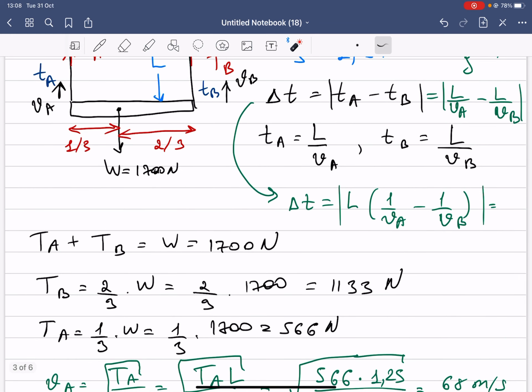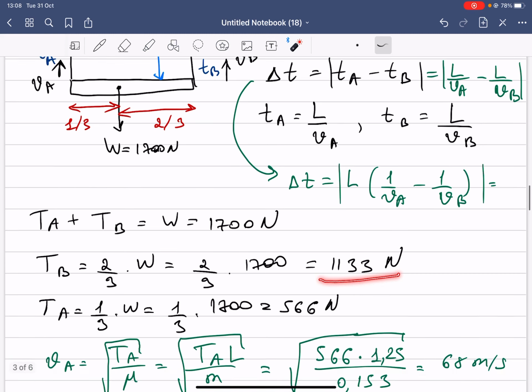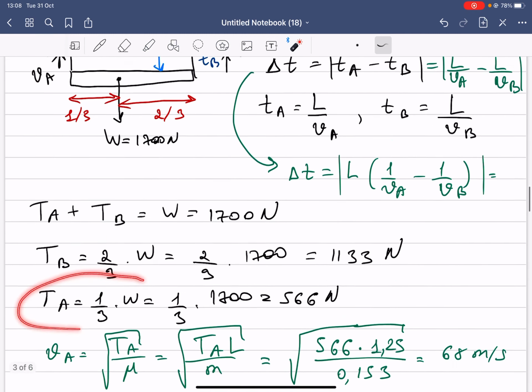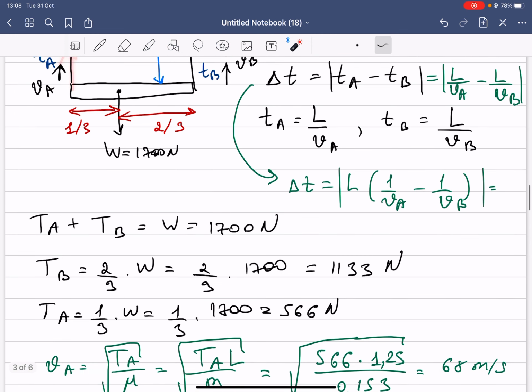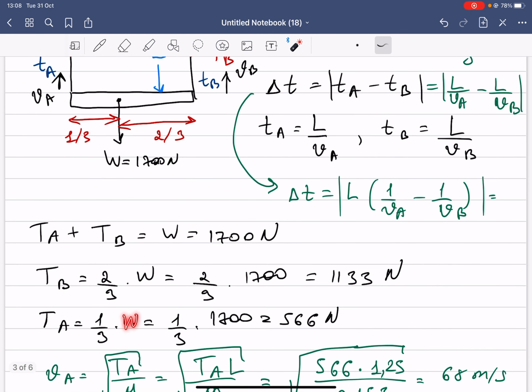Now, mathematically, TB is equal to 2/3 multiplied by the weight, so after calculating, it will be 1133 newtons. And then for the TA, which is this one, it will be 1/3 multiplied by the weight. If you calculate it, you will also get the tension for TA. So you have the tension for TB and TA.